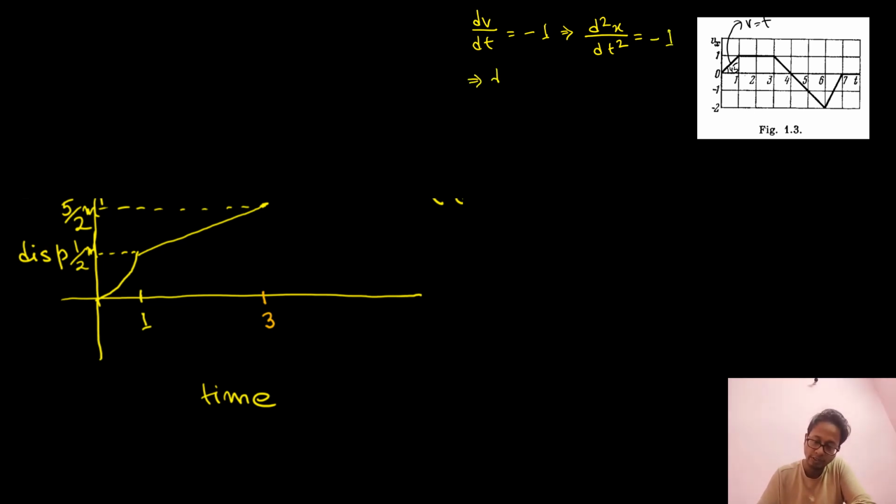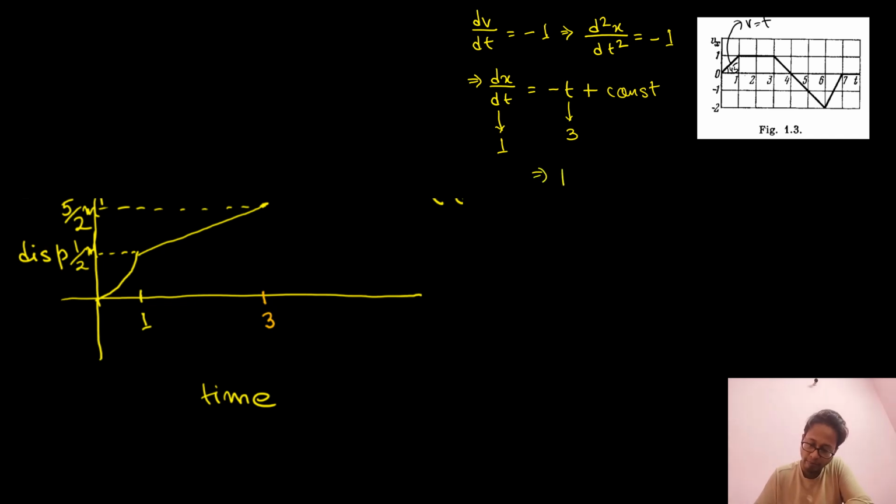So if we solve this equation, dx by dt is equal to minus t plus some constant. At t is equal to 3, dx by dt is equal to 1, or velocity is equal to 1.